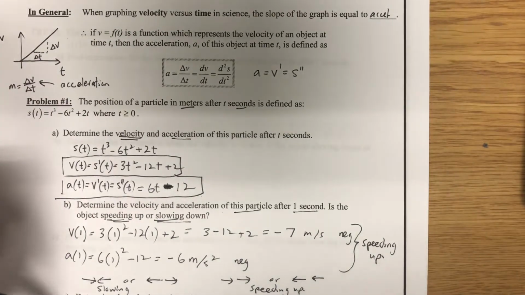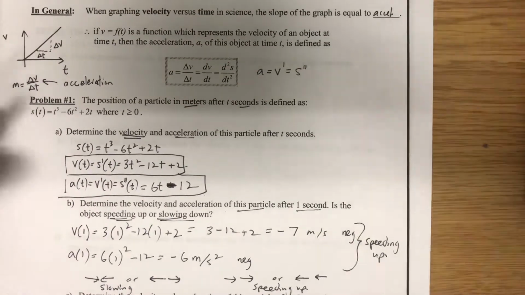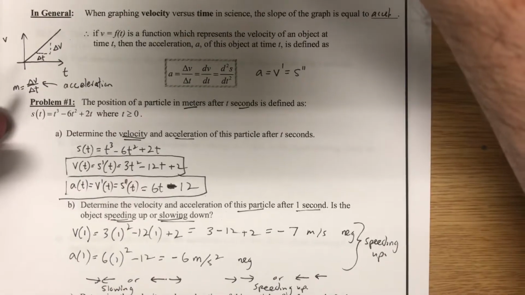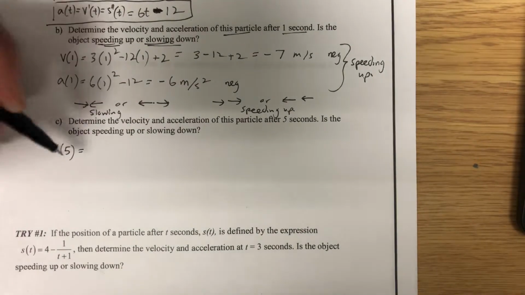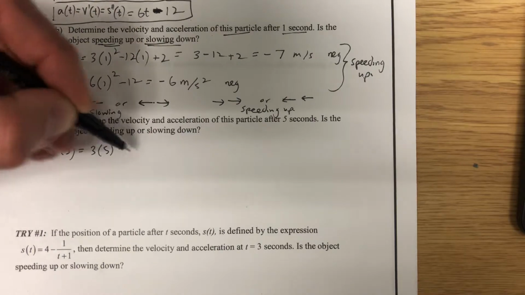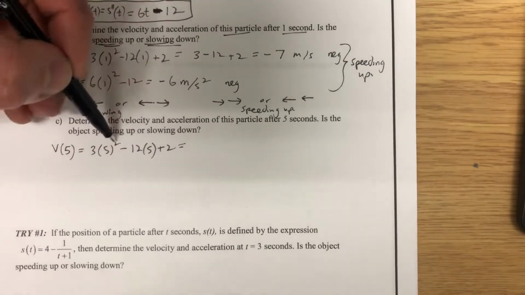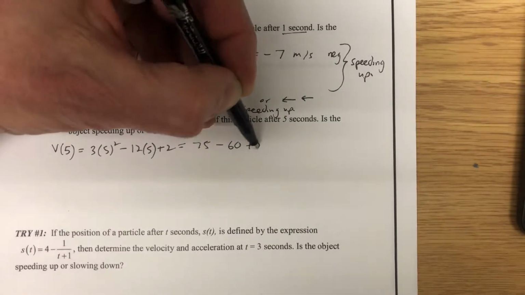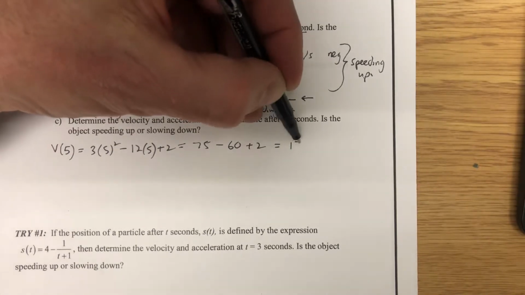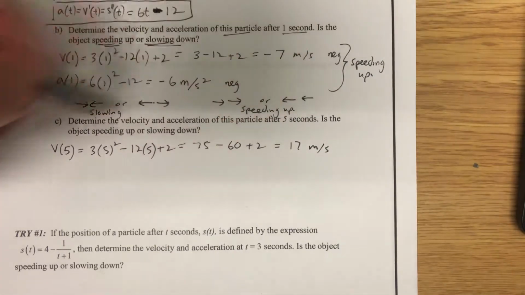Determine the velocity and acceleration of this particle after 5 seconds. So we're going to go through the same thing. So the velocity after 5 seconds: 3 times 5 squared minus 12 times 5 plus 2. So 25 times 3, 75 minus 60 plus 2, 17 meters per second.